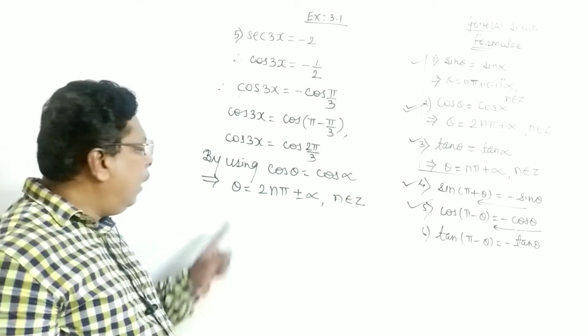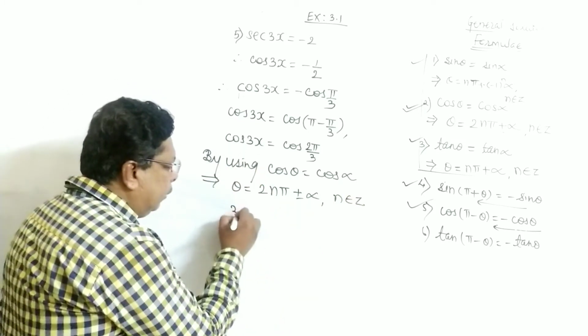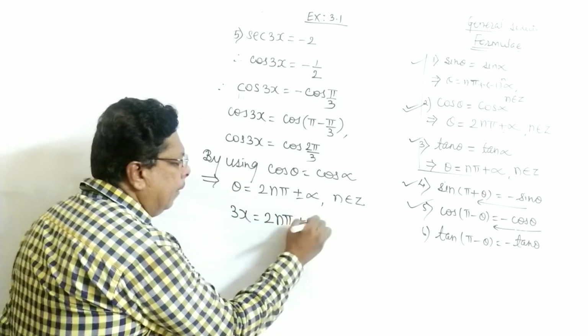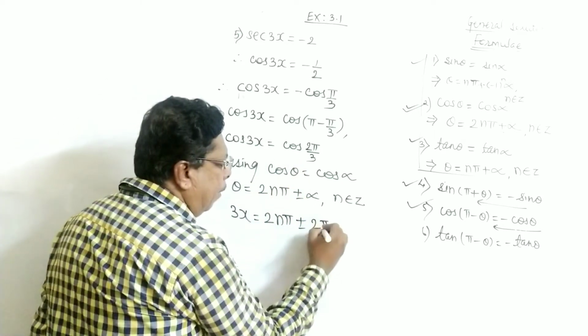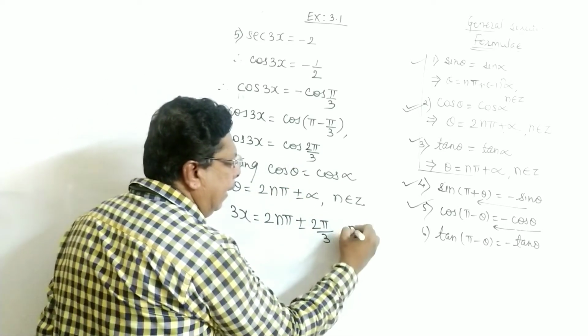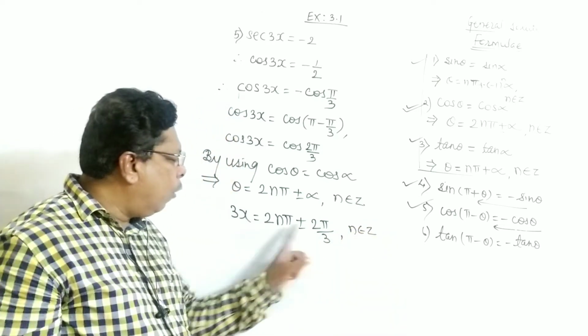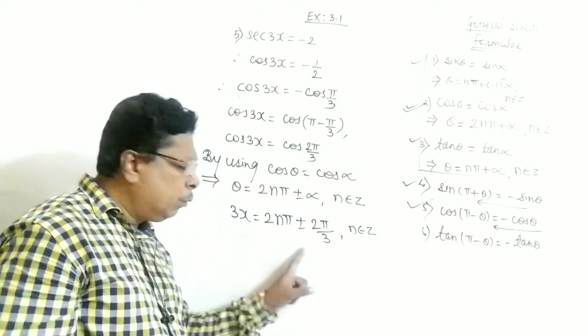Now substitute the values of theta and alpha only. What is theta? Theta is equal to 3x, equal to 2n pi plus minus alpha, where alpha is 2 pi upon 3, n belongs to z. Now on the right hand side you can take 2 pi common and divide by this. Take the cross multiplication.